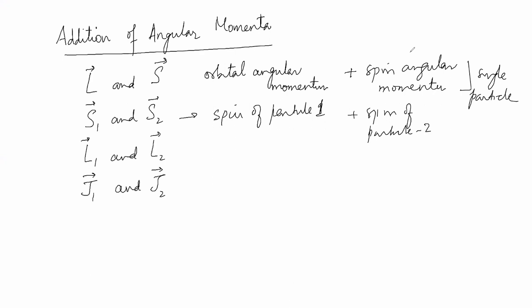And we are assuming that both the particles are in S state. S state means their orbital angular momentum is 0. Here, both the particles have a spin angular momentum 0, and then they have got only the orbital angular momentum.